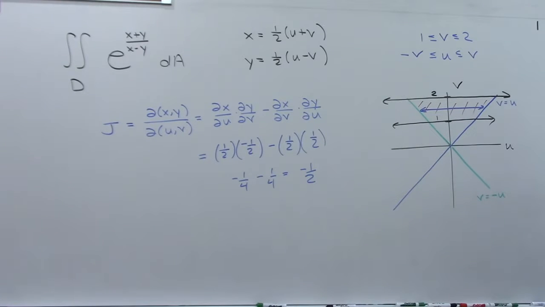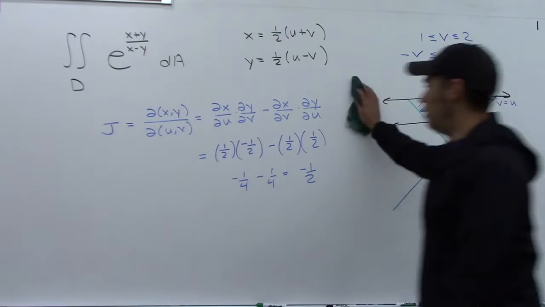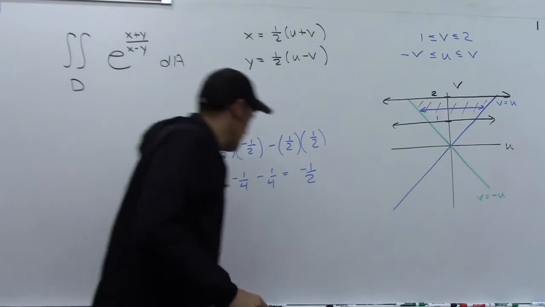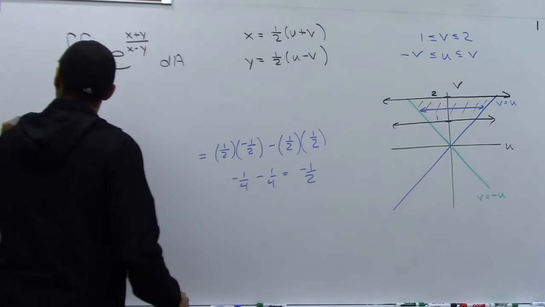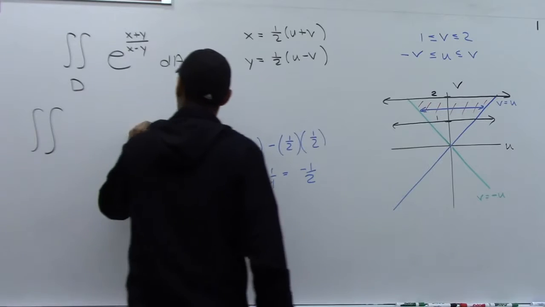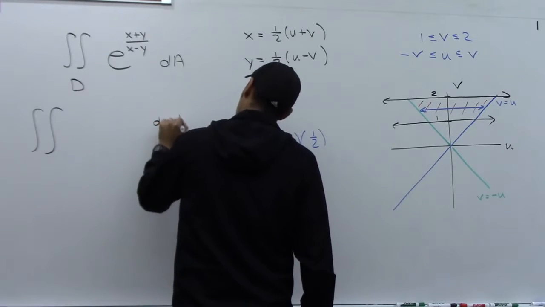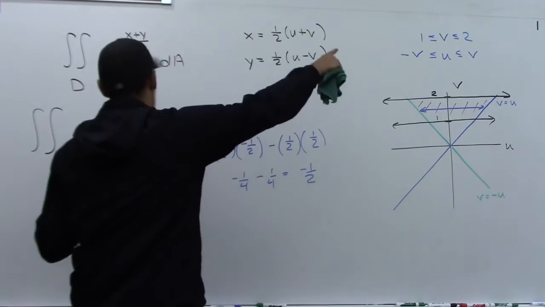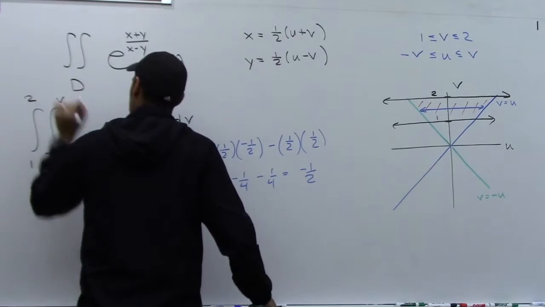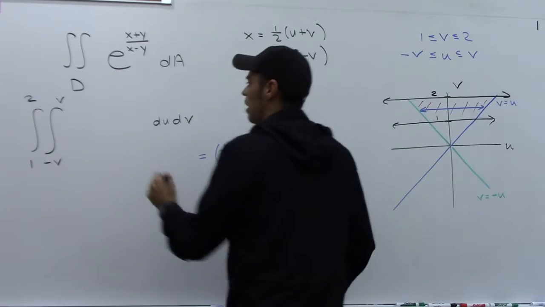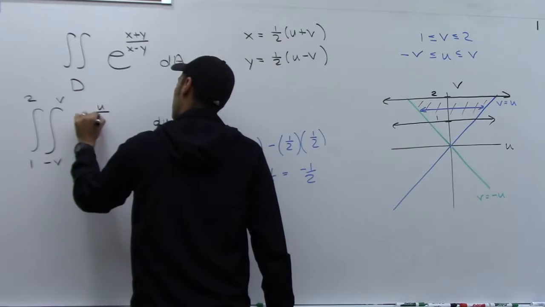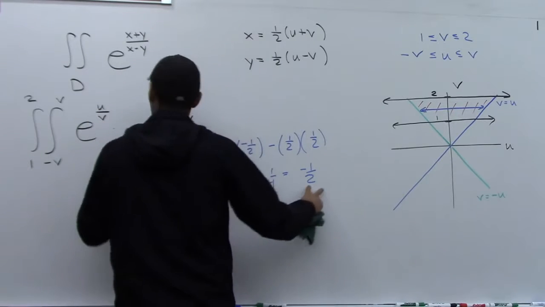So I'm ready now to rewrite the double integral. This double integral, I'm going to go du dv, because v has limits 1 and 2. u has limits negative v and v. And then I'm integrating e to the u over v. And then I need the absolute value of my Jacobian.